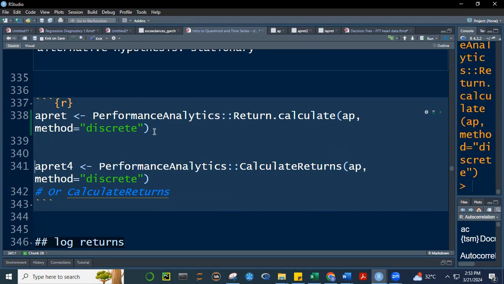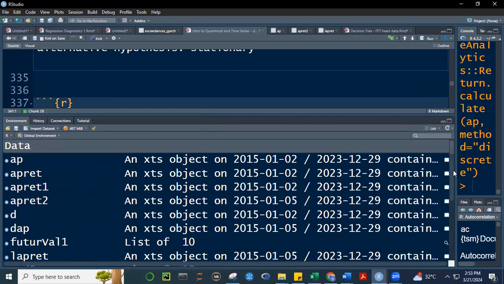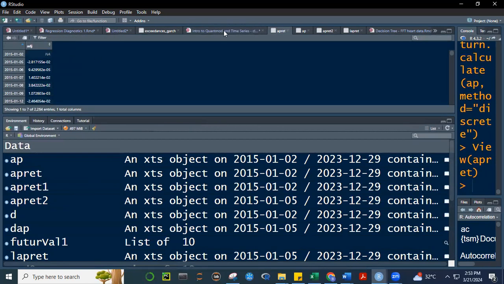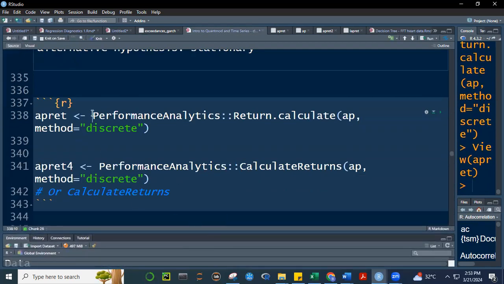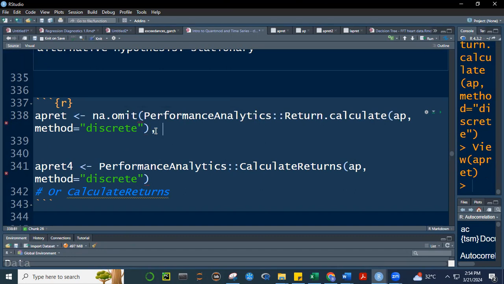So if I run this, and by the way, AppleRet will now have a missing value in the first row. Let's just double check. It has a missing value. So to delete this missing value, we can just put here in the formula na.omit, and then comma TRUE. Okay, so this will now create AppleRet with the missing values removed.